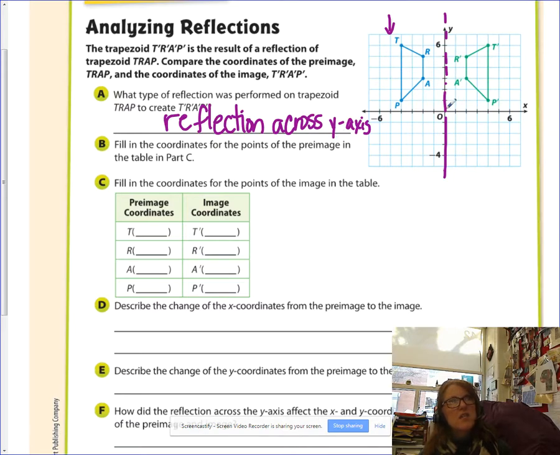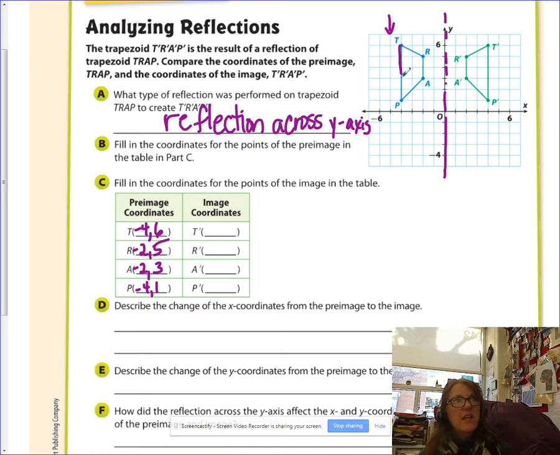So when you look at T, T is at -4, +6. R is at -2, 5. A is at -2, 3, and P is over here at -4, 1.